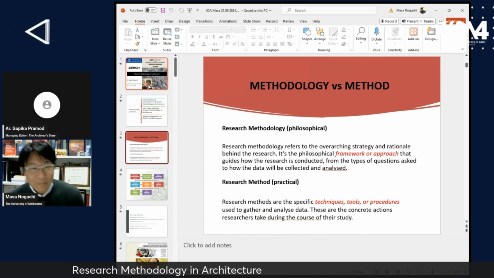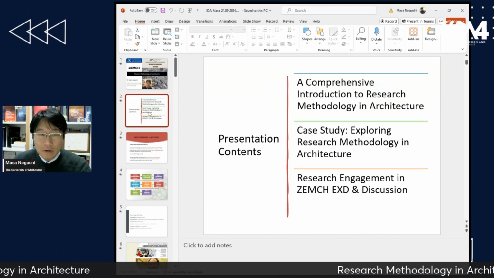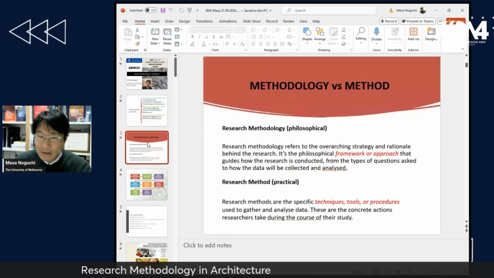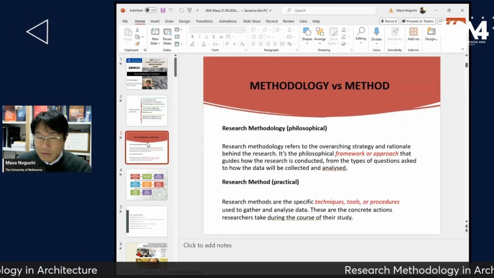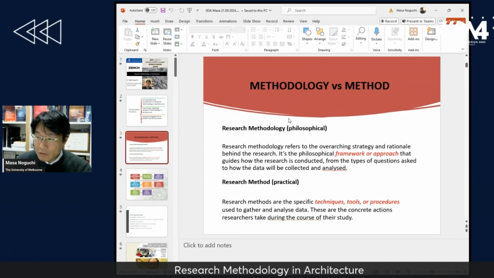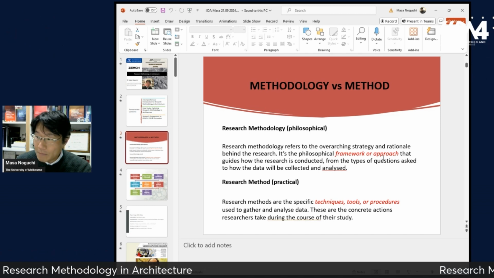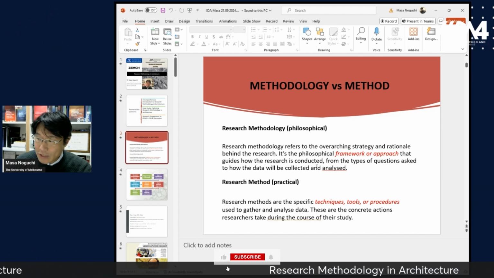Let me continue. I hope you can see my slides here, and I already explained these three components. Let me explain the differences between a research methodology and research method. A research methodology is a more philosophical framework or approach that guides how the research is conducted.